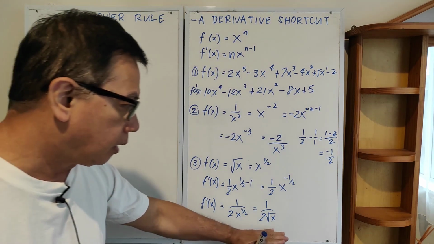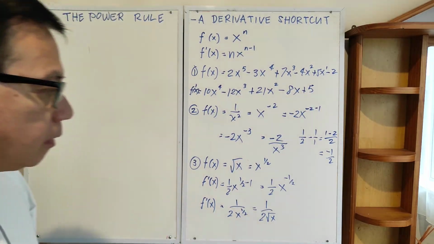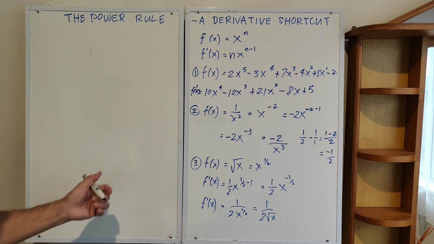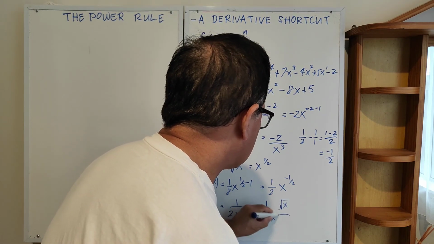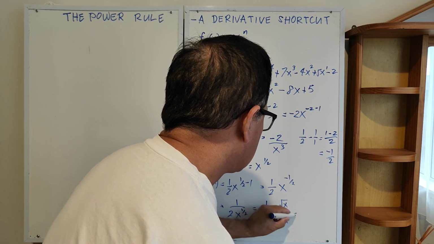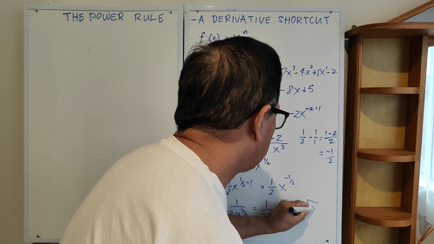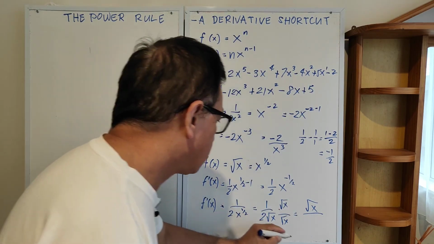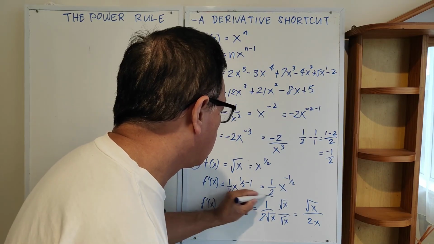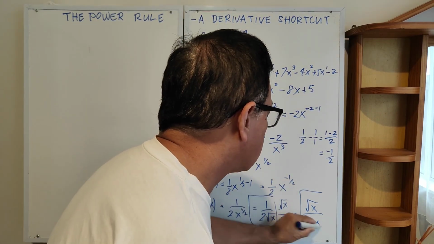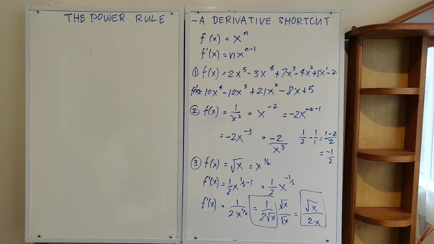You can leave the equation like that, or you can rationalize, square root of x times square root of x. So your answer will become square root of x over 2x. So either this one or this one is enough as an answer, depending on your teacher.